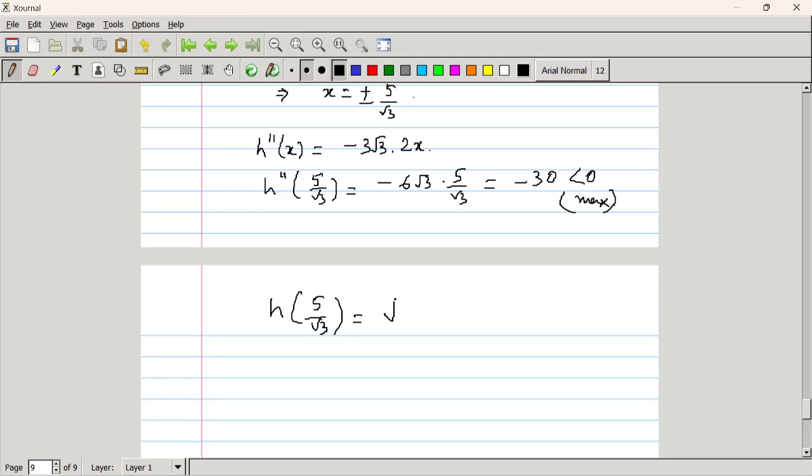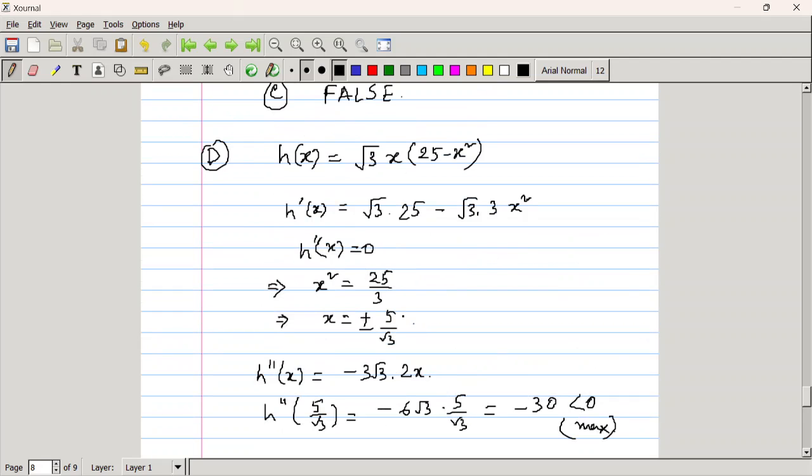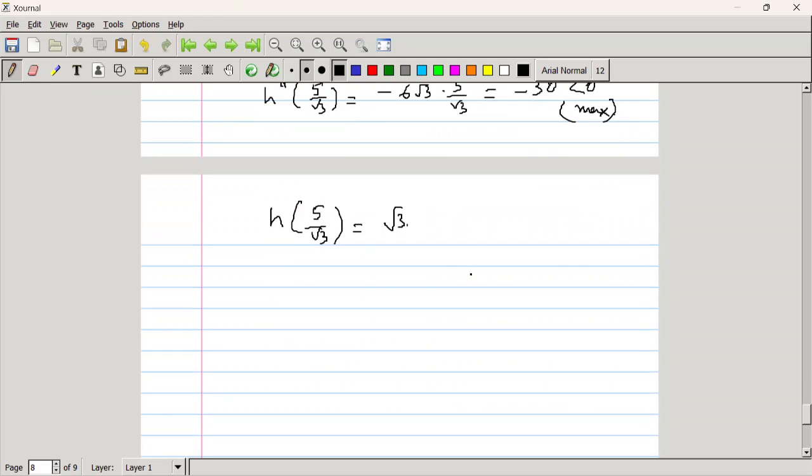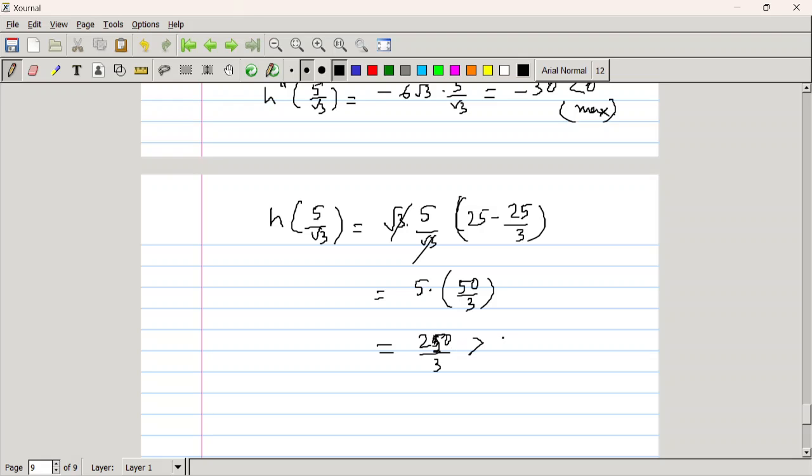Now h at 5 by root 3: h x equal to root 3x into 25 minus x square. So h at 5 by root 3 is root 3 into 5 by root 3 into 25 minus 25 by 3. 5 into 25 minus 25 by 3, that is 5 into 50 by 3, that is 250 by 3. So this also gives greater than 25.